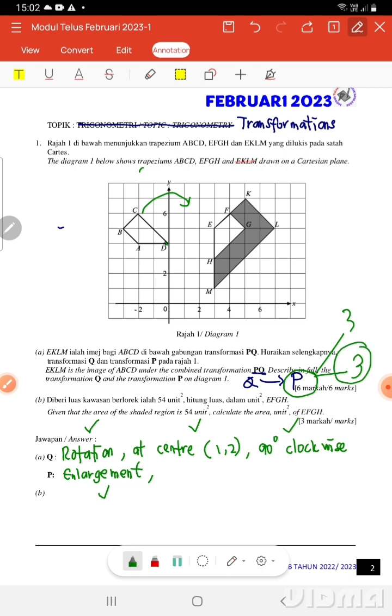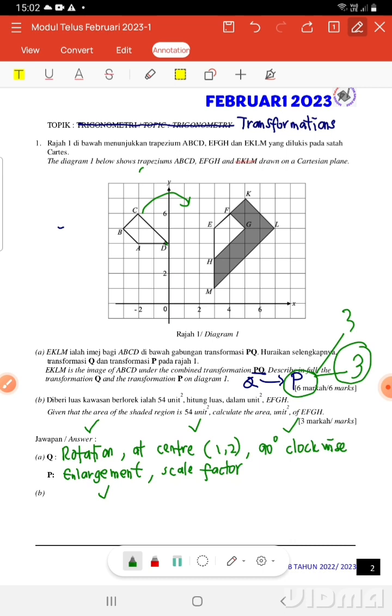For enlargement 1 mark, then you have another 2 pieces of information you must state. Remember you must have a scale factor. Remember to put scale factor and not scale only or factor only. Otherwise, your answer will be wrong.